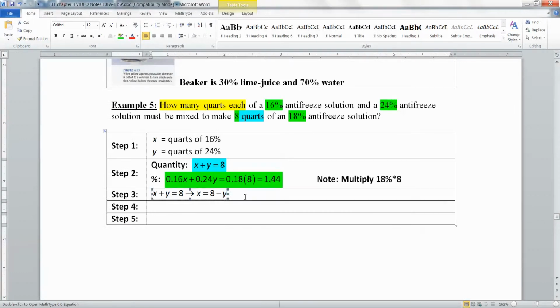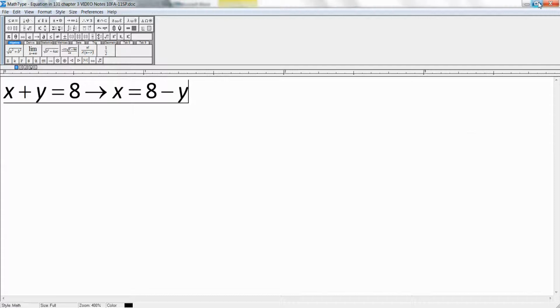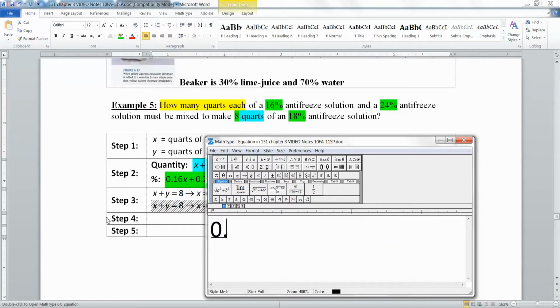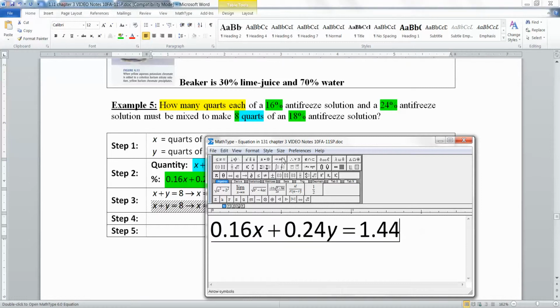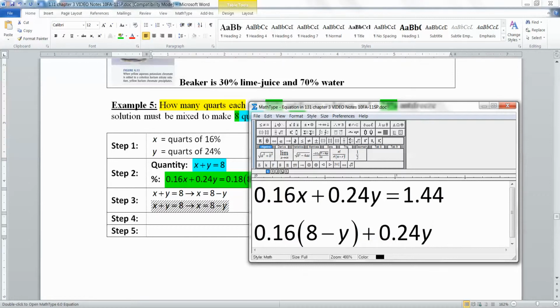I'm going to use that fact and substitute it into the bottom equation, the green equation. That green equation was 0.16x plus 0.24y equals 1.44, because we multiplied that part. So now that I know x is equal to 8 minus y, I can just say 0.16 times (8 minus y) plus 0.24y equals 1.44.